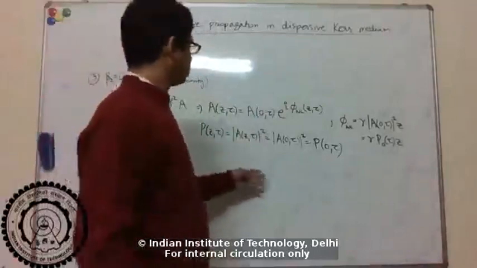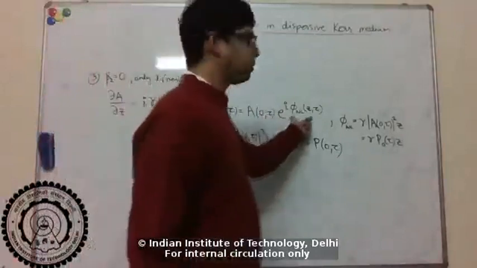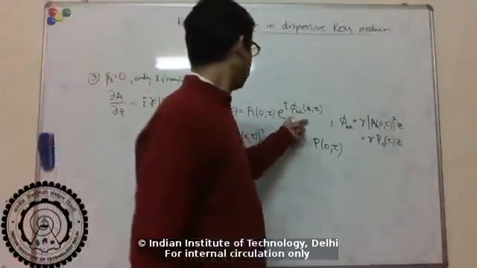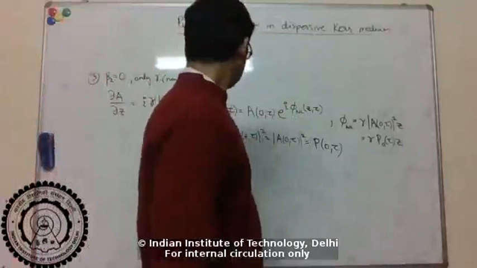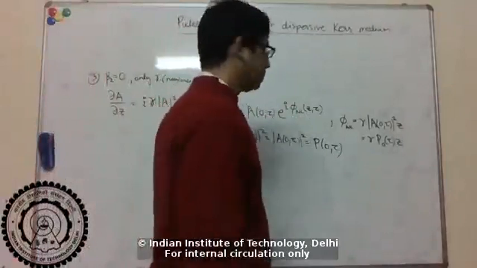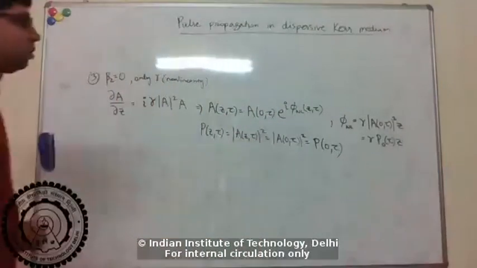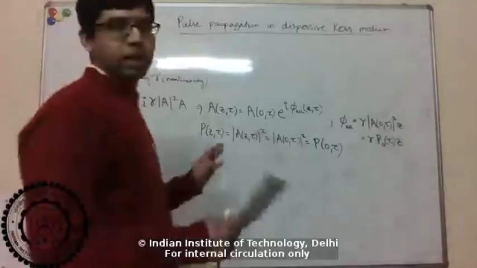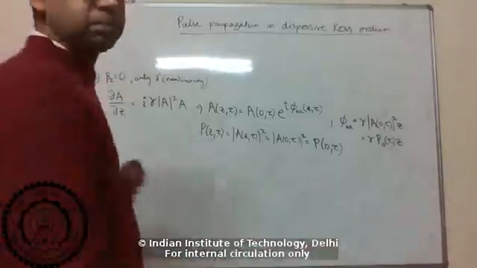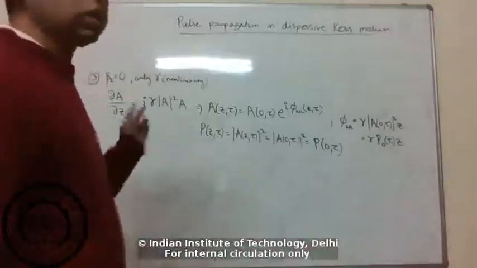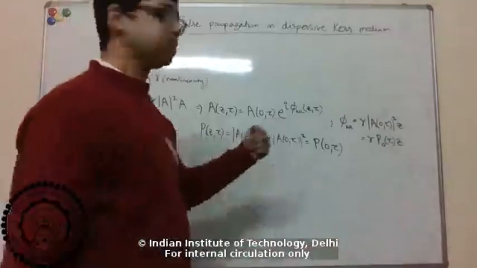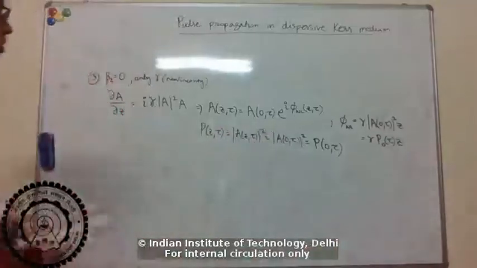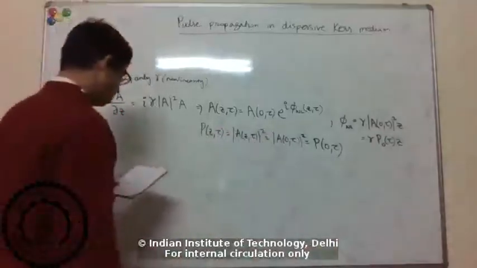Okay, but of course, this phase has some effect. The power as a function of time doesn't change, but we will see that the spectrum changes. In the dispersive case, the power spectrum remained the same, but the temporal shape changed. Here it's the opposite. The temporal shape is the same, but we'll see the power spectrum changes.